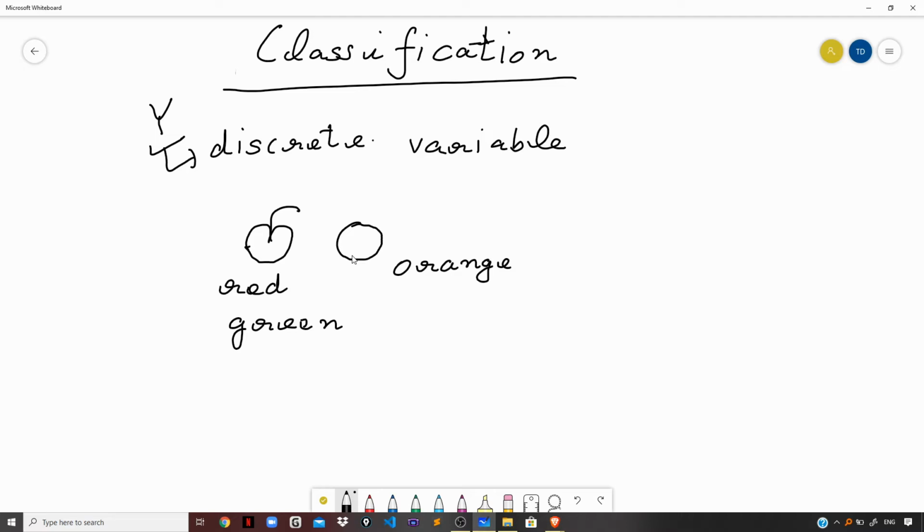So as you can see here, y can take two values. It can either be an apple, or it can be an orange. This means that the output variable here can take a value from a finite set of values, and in this case this set is apple and orange. Therefore our output variable can only take one of the values from our given set of values.